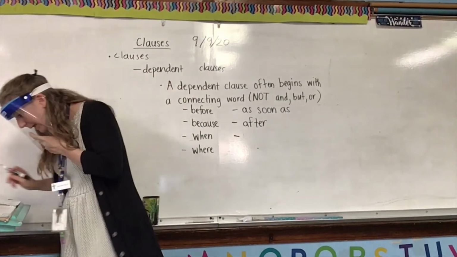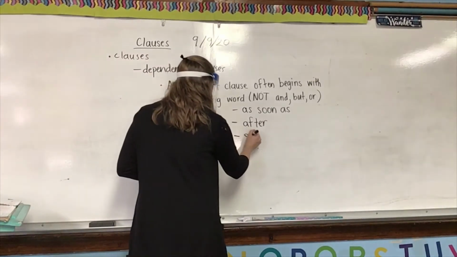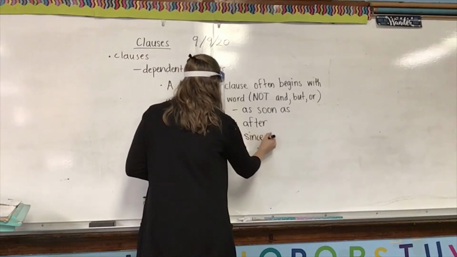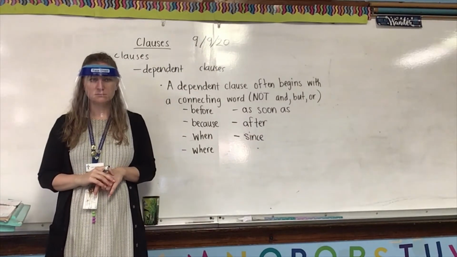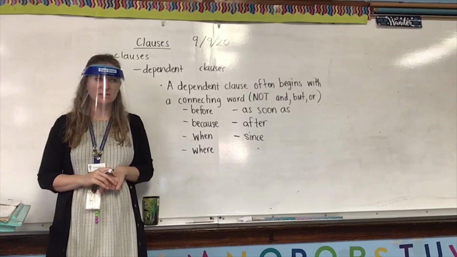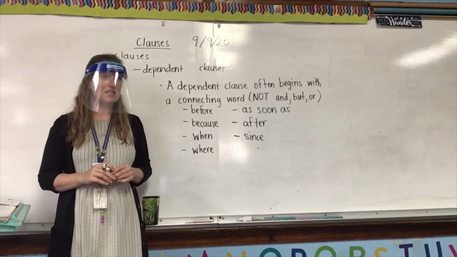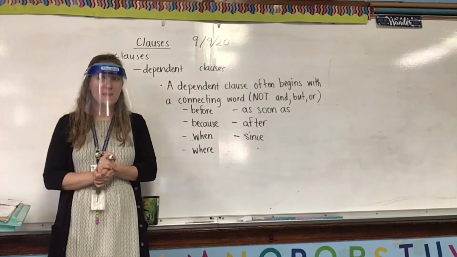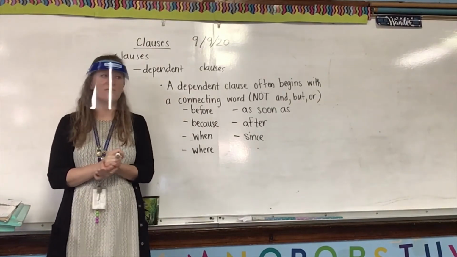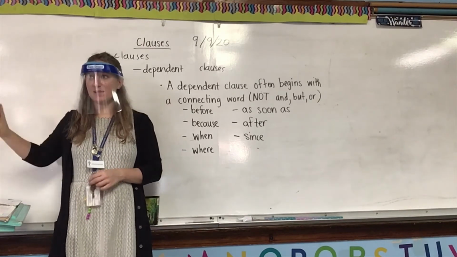Another example is since. I ate dinner is an independent clause. Since I ate dinner is not. Do you know why I said since? No, so I have to add more information. I get to eat dessert since I ate my dinner.